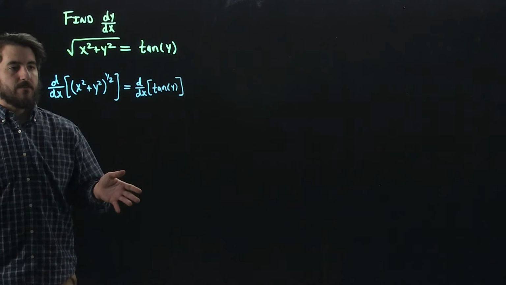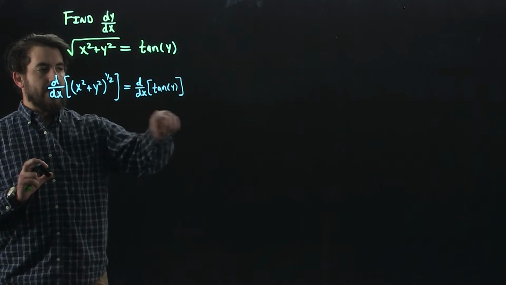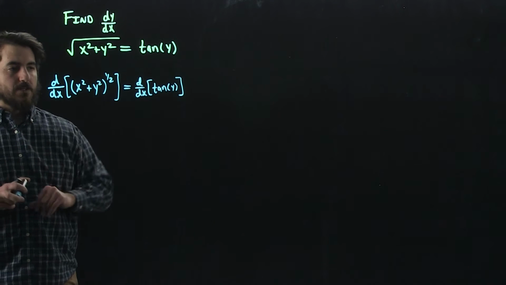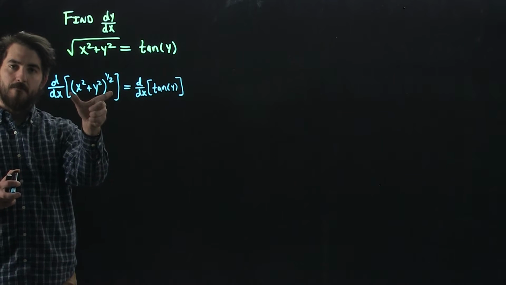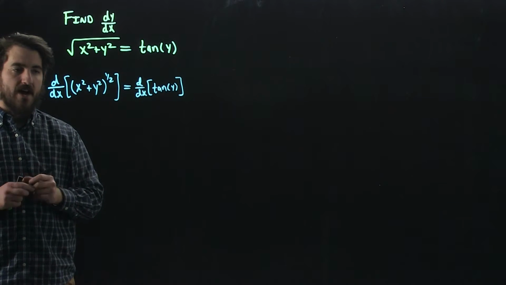So we're going to differentiate. The left-hand side requires a chain rule. The right-hand side also requires a chain rule. So let's start with the first side, the outside function being to the 1/2 power. I'm going to bring the 1/2 to the front and raise it to the negative 1/2.